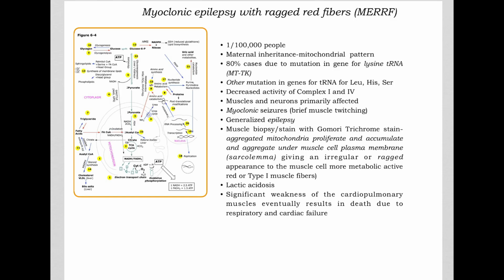Other cases involve mutations in the mitochondrial tRNA genes for leucine, histidine, as well as serine. There is decreased activity of complex 1 and 4 found in these patients. Not surprising that muscles and neurons are primarily affected.